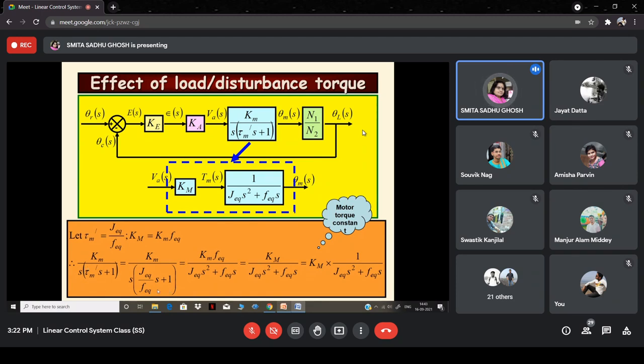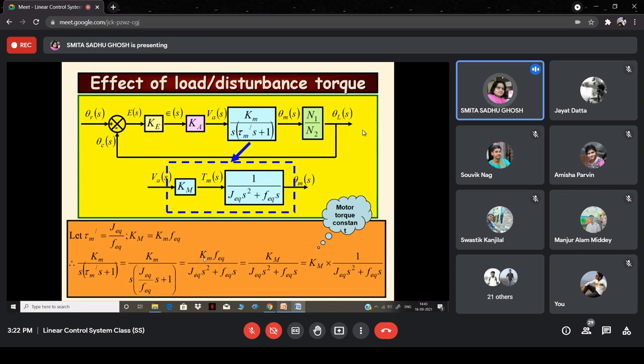Now what is done is you multiply numerator and denominator by F equivalent to get K into F equivalent by J equivalent S square plus F equivalent into S. So basically this can be written as this.